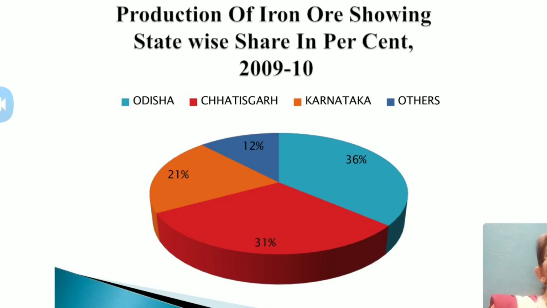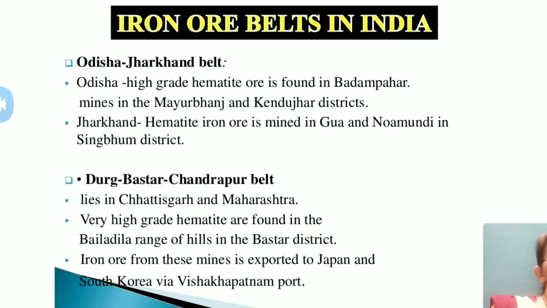Production of iron ore. In this chart, we have shown that the major states are Orissa, Chhattisgarh, Karnataka. Distribution. The major iron belts in India: the Orissa-Jharkhand belt, and the deposits are found in Badampahar, Mayurbhanj, Keonjhar district. In Jharkhand, hematite ore is mainly found in Gua and Noamundi in Singhbhum district.